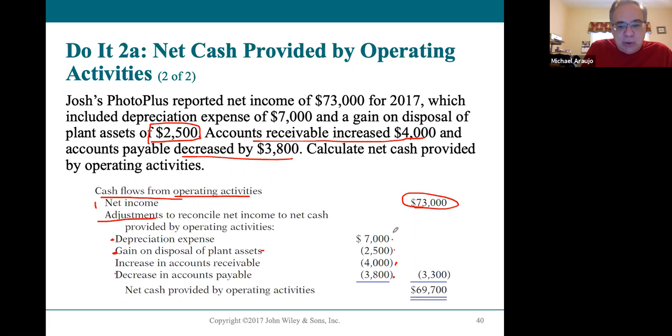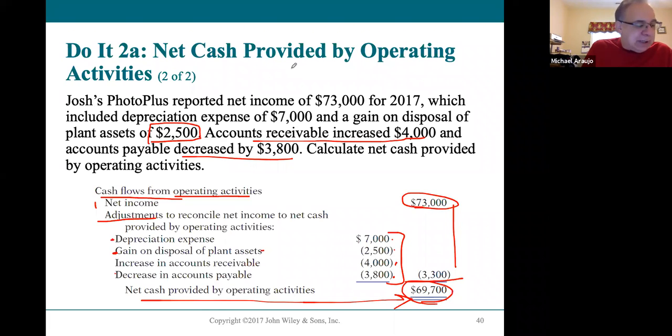When you put all these together, you had a $3,300 difference, and when you subtract that, your cash provided by operating activities is $69,000. This is on the top of page 603 for an answer. You're going to see this on homework, but basically it's to practice the stuff that we just looked at.